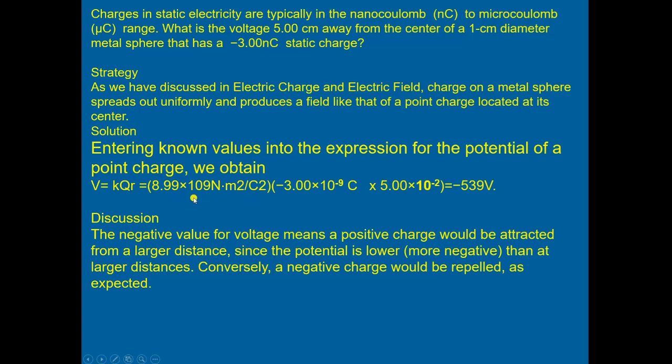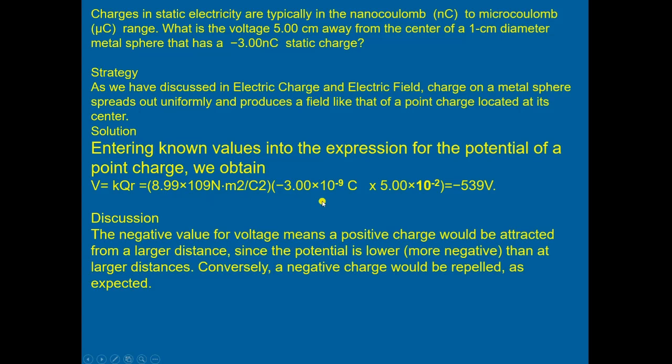This is the value of K, 8.99 into 10 to the power of 9 Newton meter square per coulomb square. This is the value of the charge, -3 into 10 to the power of -9 coulomb, and the distance R is 5.00 into 10 to the power of -2.